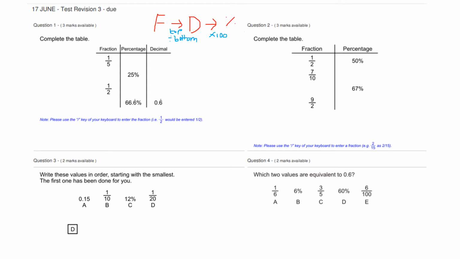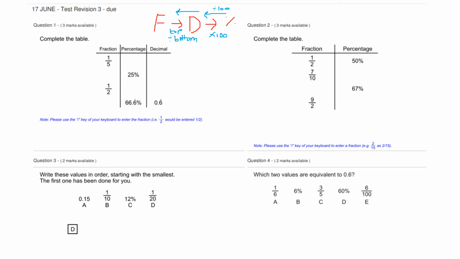If you're trying to go back the opposite way, then you do the opposite things. So it's percentage to decimal, you divide by 100. And then if you want a decimal to be a fraction, that's a little bit harder.